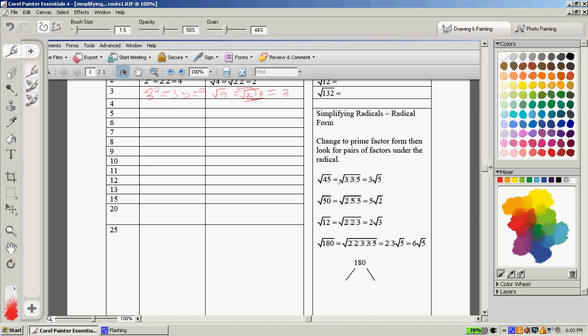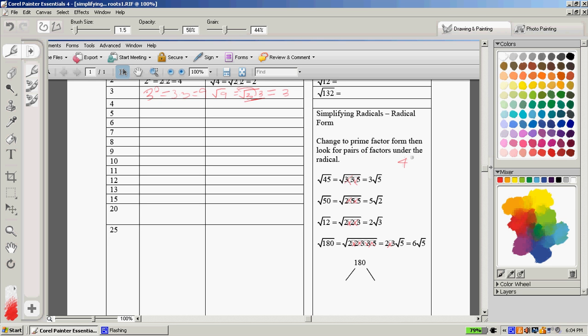The first thing I want you to do is here in these boxes, I want you to go ahead and label each of these multiplication signs. You can either do the dot form or you can do the X for multiplication. Okay, so say you have the square root of 45.